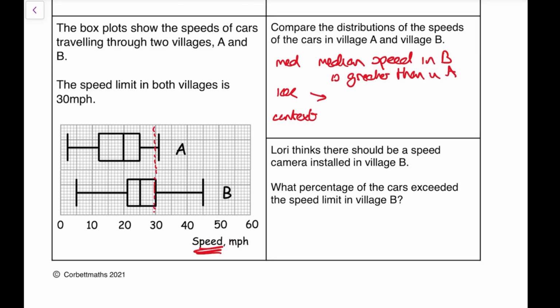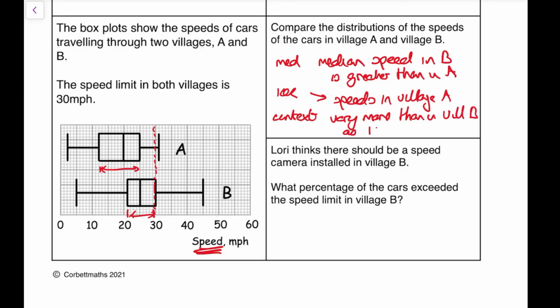So my IQR of B, it's a smaller box, so therefore it's lower than this one here that is a bigger box. So I can say something such as the speeds in village A vary more than in village B, as the IQR is higher.